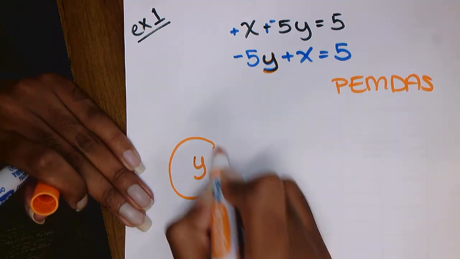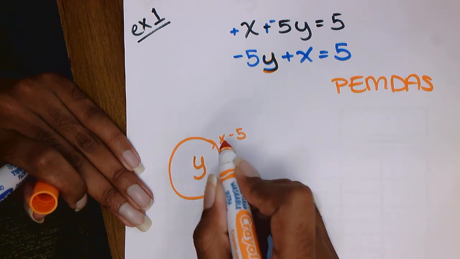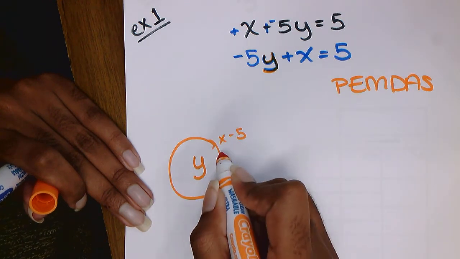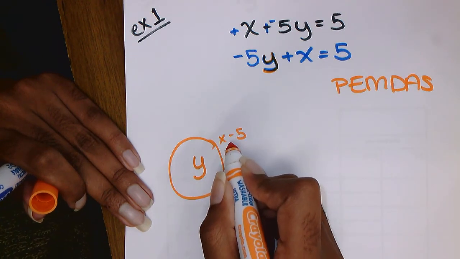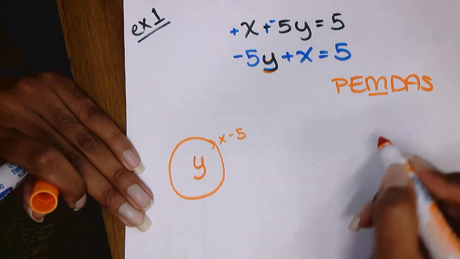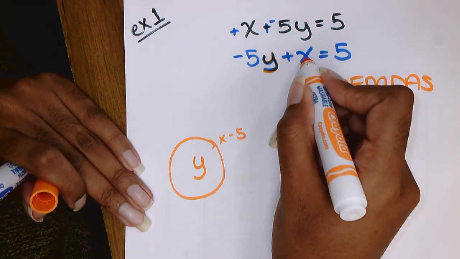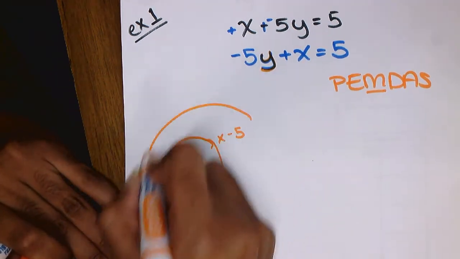So I draw a little barrier, and I know that I'm multiplying my y by negative 5. That's the first barrier that's happening to my y, the variable that I want to solve for, because multiplication comes first. Then the next thing that's happening is I am adding x to whatever that is.